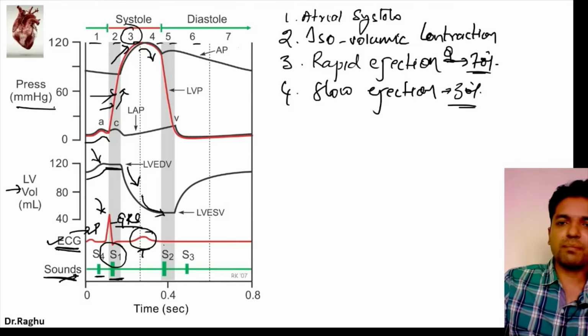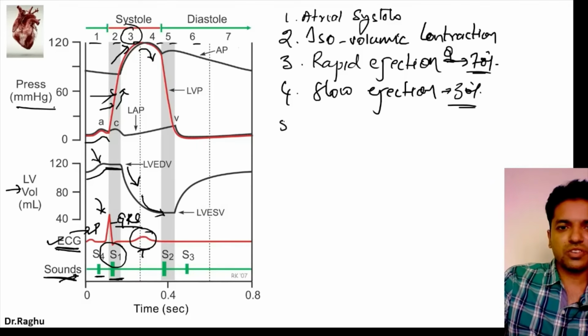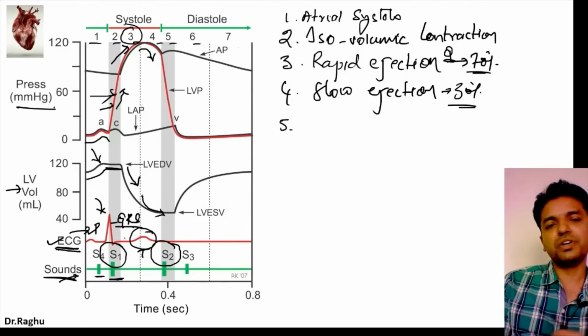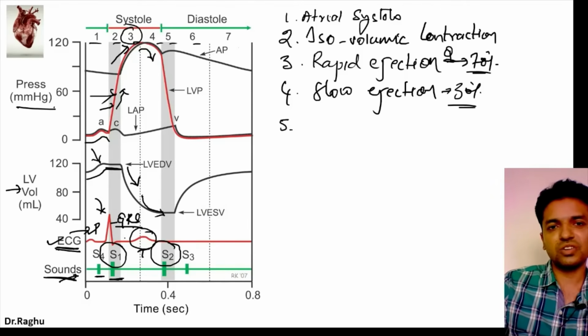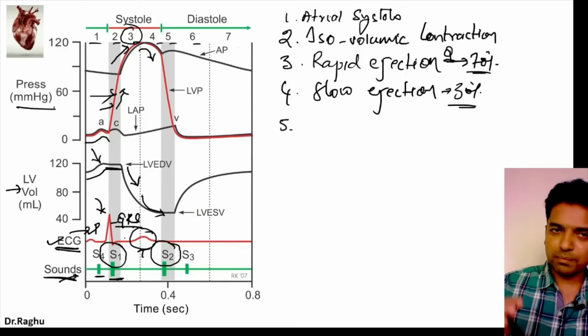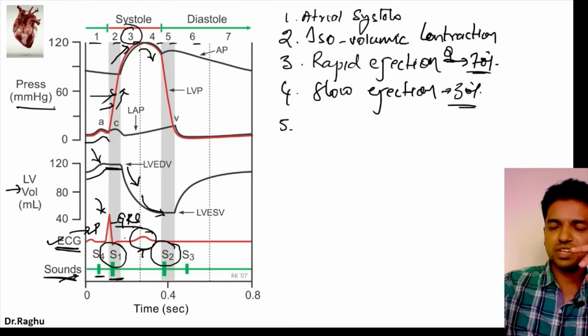Okay, so now rapid ejection and slow ejection have occurred. Now there is going to be closure of the semilunar valves or the aortic valve. The closure of the semilunar valve or the aortic valve is going to produce the second heart sound. Now the ventricles are completely closed chambers. Here the semilunar valve is closed, and the atrioventricular valve is closed, and the ventricles are relaxing continuously.